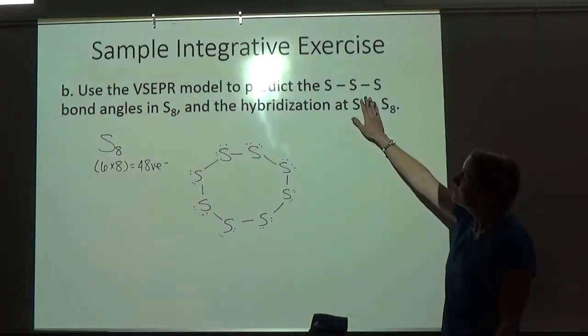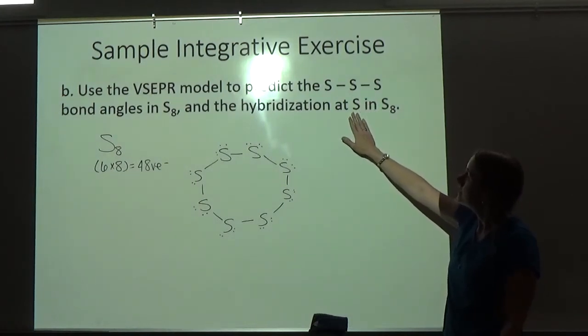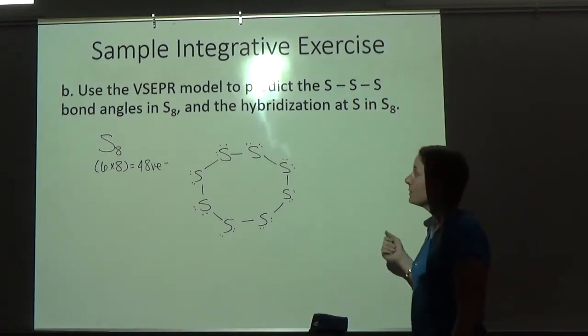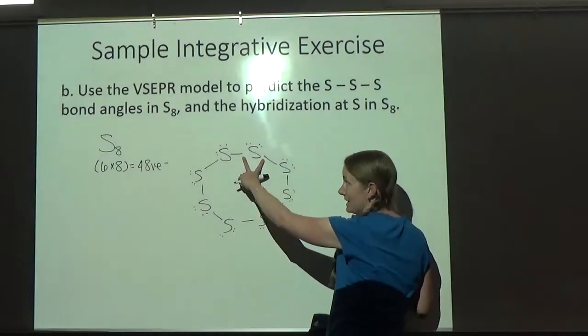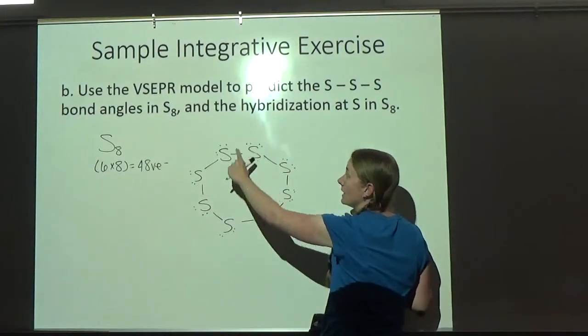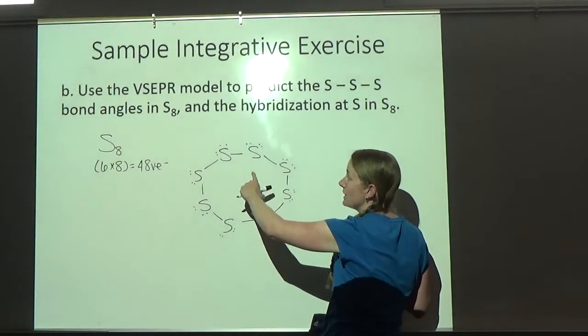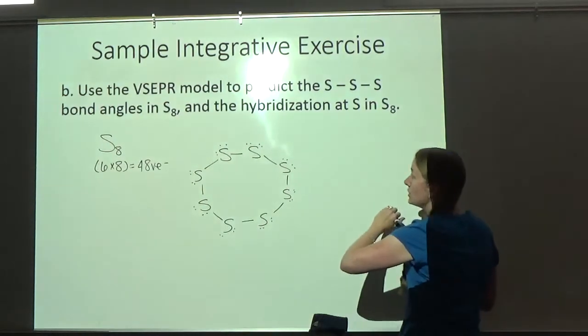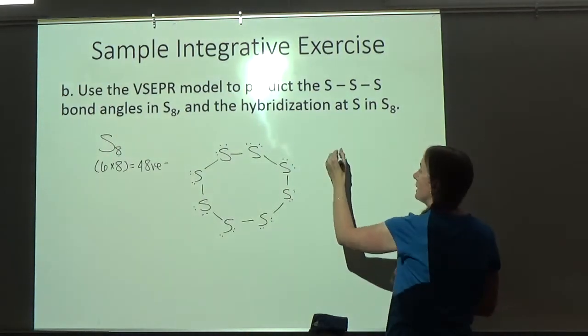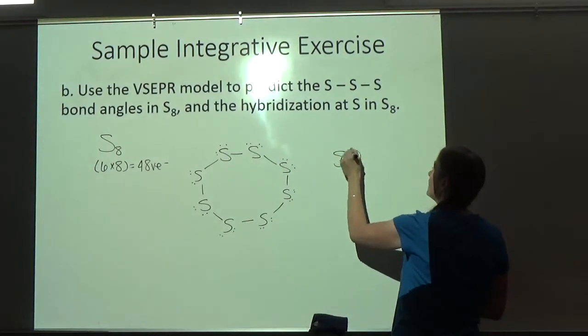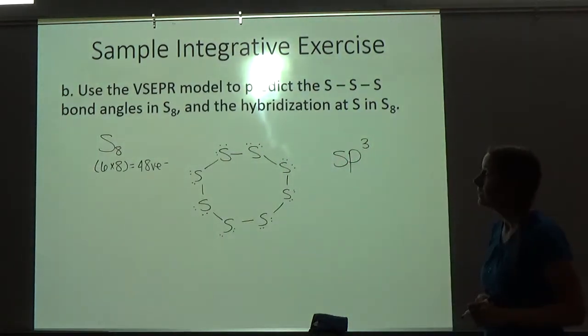Alright, so it says predict the bond angles and the hybridization. Alright, so for our hybridization, we can see the shape is bent, but our electron domain shape is tetrahedral. You can see how you have the 4 locations. So since our electron domain shape is tetrahedral, our hybridization is sp3.